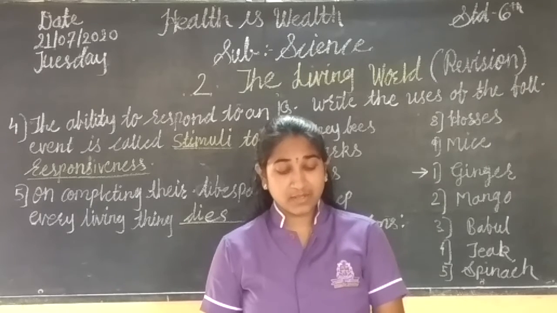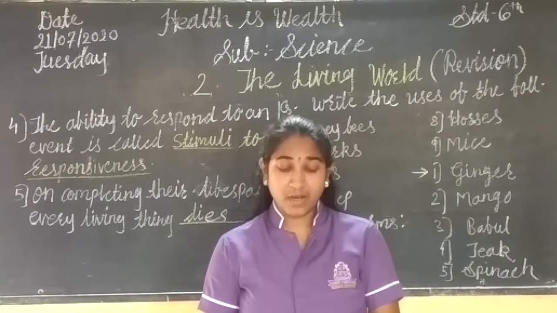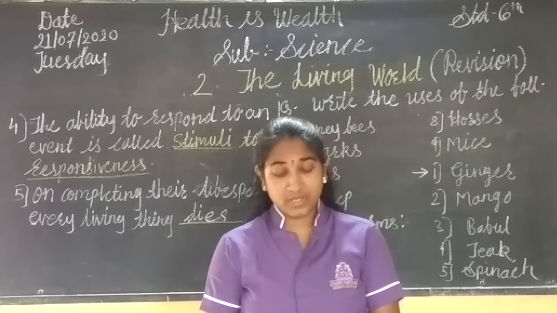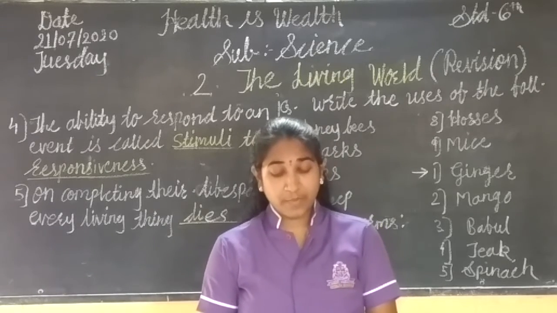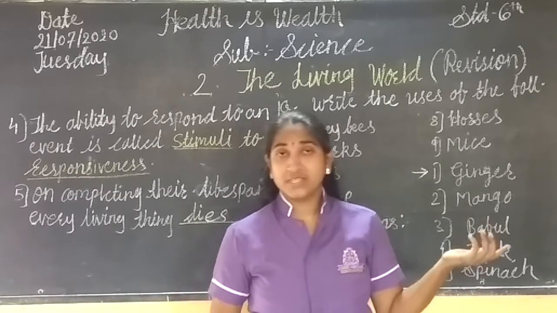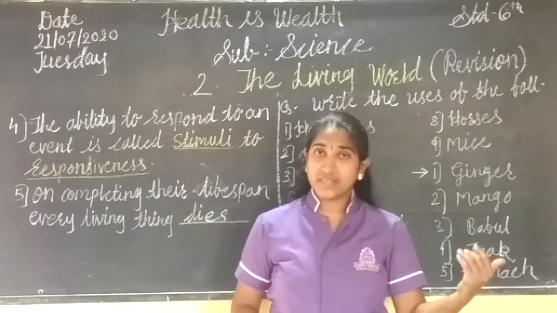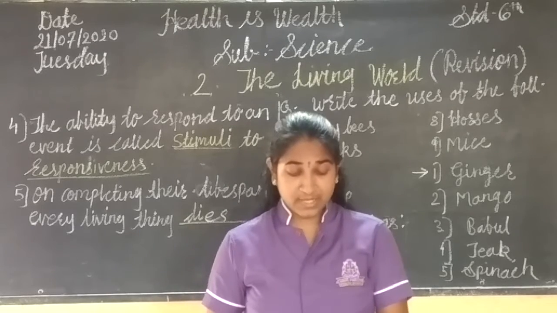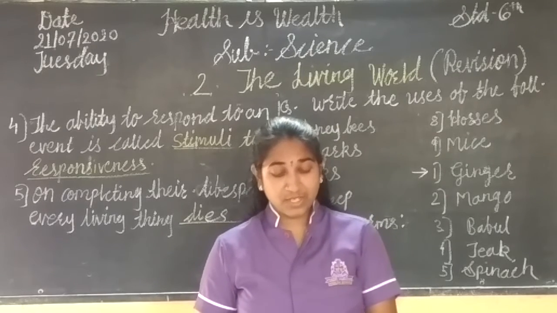Then holy basil. Holy basil is a medicinal herb. In the Hindu religion, holy basil is considered to be very auspicious. Juice obtained from the leaves of the basil plant cures many diseases. See, it is also used as a medicine. We can drink the juice, and it is very helpful for many diseases. Then next is karanja.